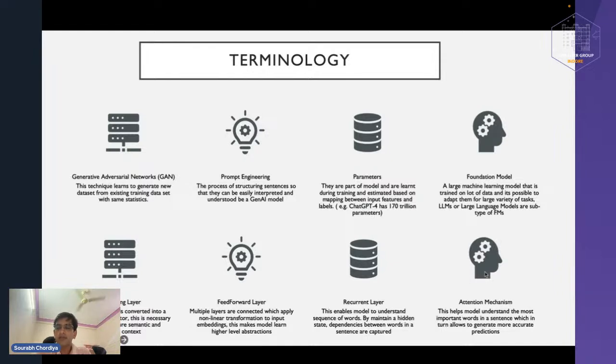Attention mechanism, now this is an important area that is now under a lot of research as well. So in case you're interested, probably we can deep dive on this in some other session. But attention mechanism helps the model to understand what are the important words, right? So if I go back to very basic school English, we'll have verbs, nouns, adjectives, all of these things, right? So which of these are important?